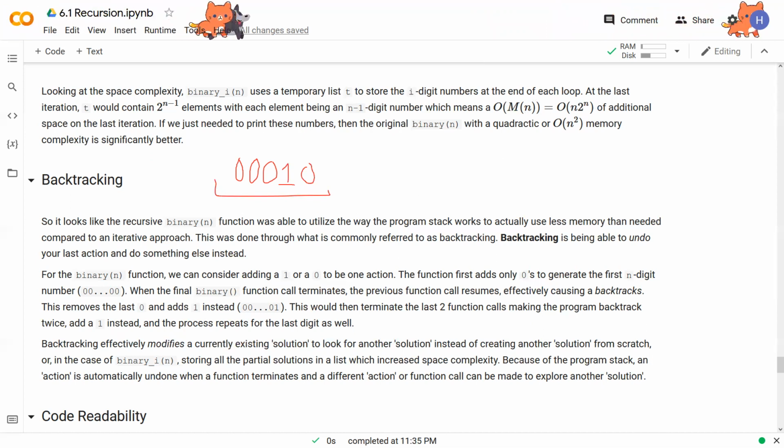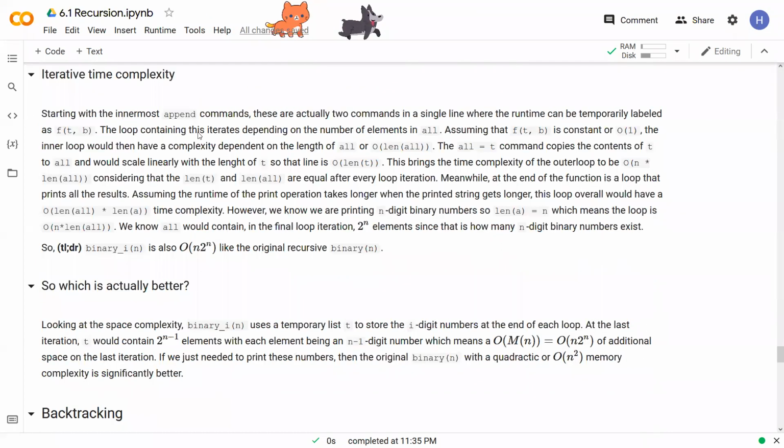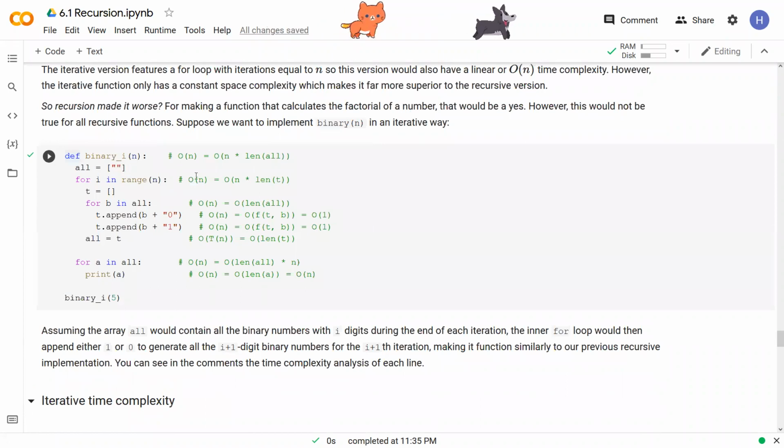Kung i-compare natin to sa ating iterative na implementation, kailangan natin i-store lahat ng temporary results natin. So kailangan muna natin i-store lahat ng 3-digit na binary numbers before we get the 4-digit na binary numbers.